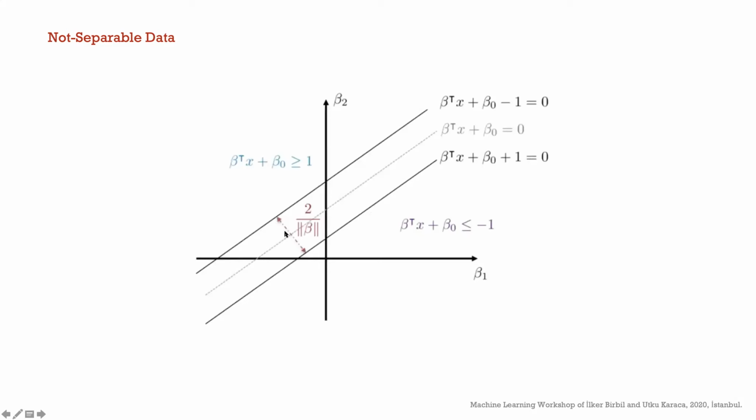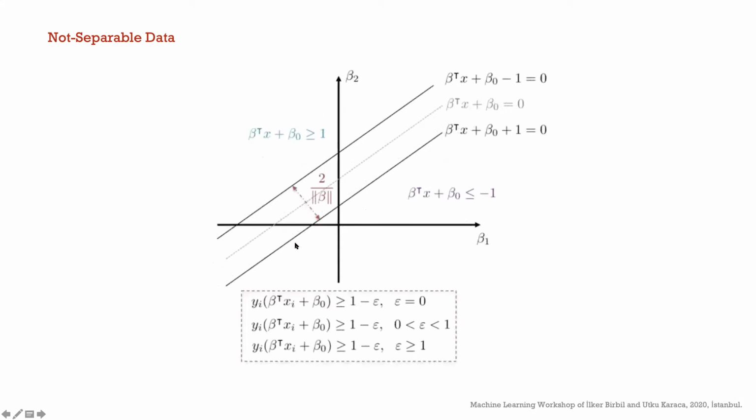Now we already know that this margin equals 2 over the norm of beta in here, okay? And now I can write or combine everything on the same equations for all areas in here, okay?